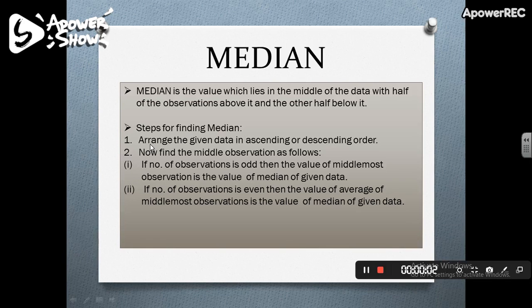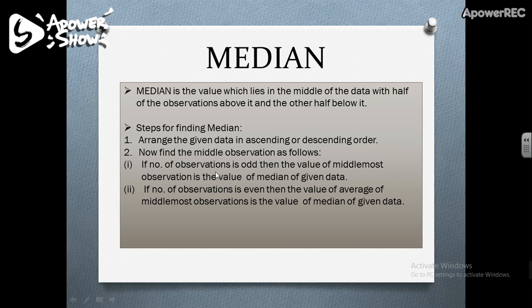We have to follow these steps for finding the median of a given set of observations. The first step is to arrange the given set of observations in ascending or descending order. After arranging, you have to find the middlemost observation.